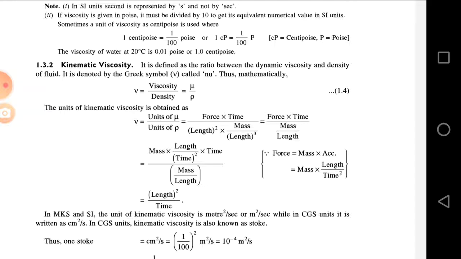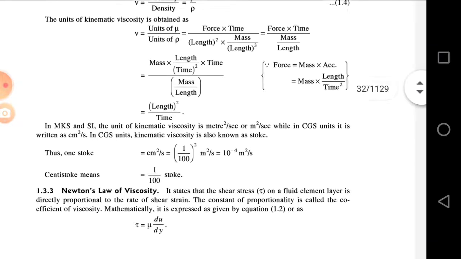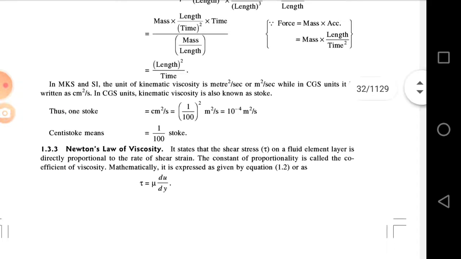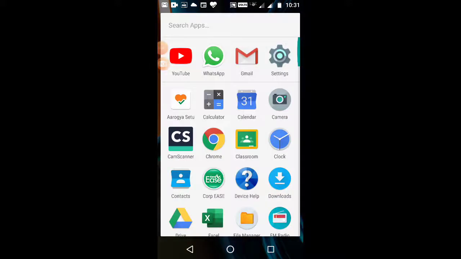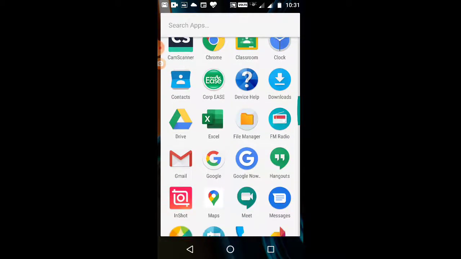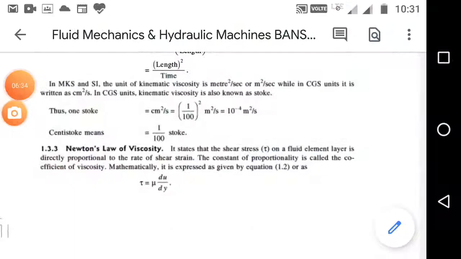It is denoted by mu by rho, and its unit is centimeter square per second, or 10 power minus 4 meter square per second, that is 1 stoke, and 1 centistoke is equal to 1/100th of a stoke.